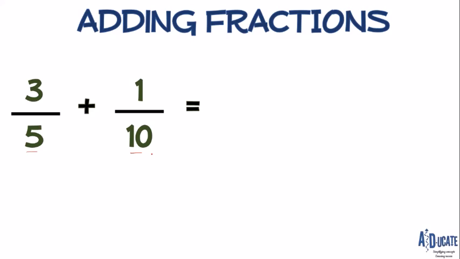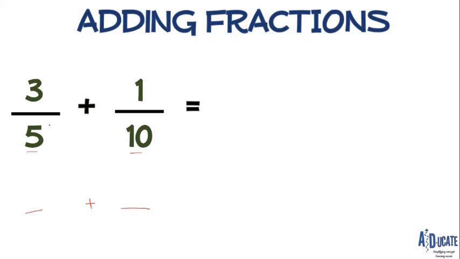So we need them to look the same in terms of their denominators. And we're going to work with 10 because 5 can potentially, through multiplication, become a 10. We can convert a 5 to a 10 by timesing it by 2.